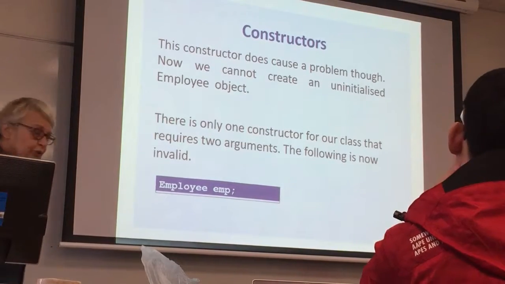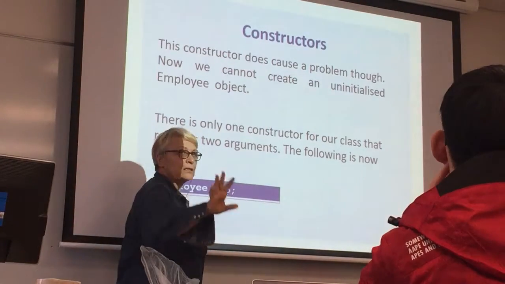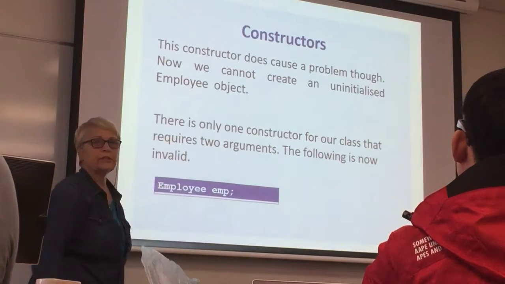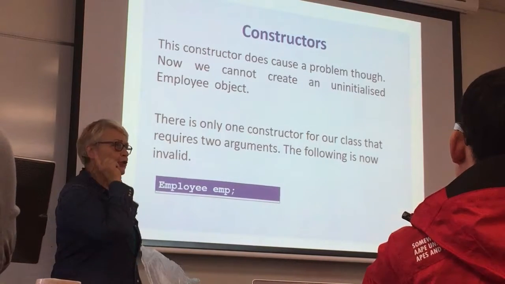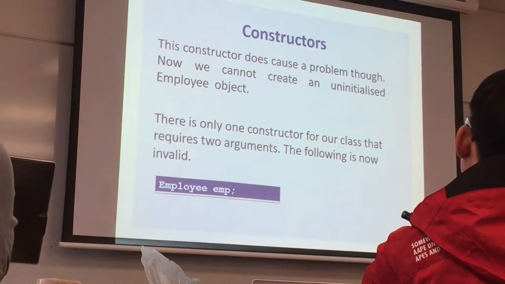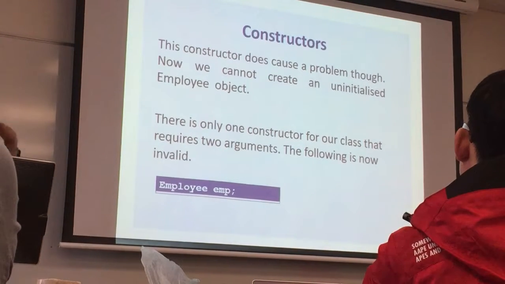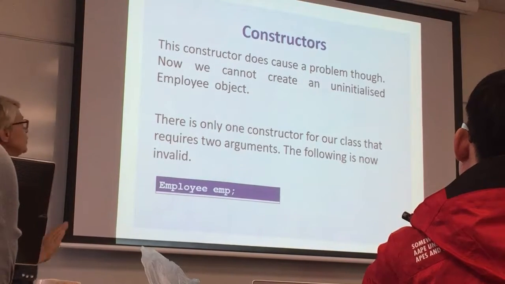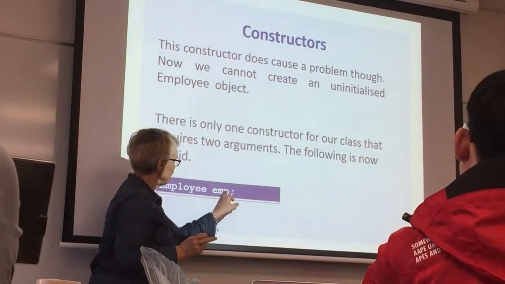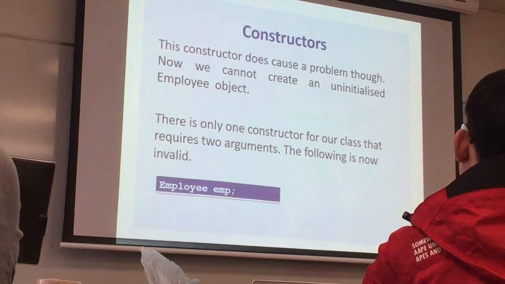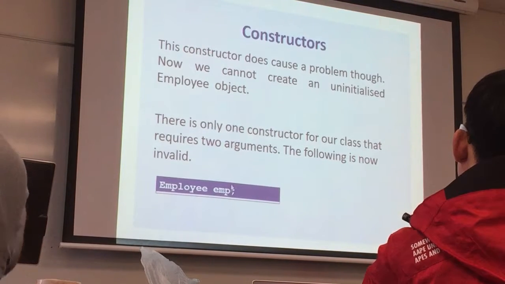If we put no constructor, the system provides a constructor for you. Things like this work. As soon as you have a constructor in your class, the system says you are clever enough, you know how to write constructors, from now on you have to provide everything. So be aware, as soon as you provide a constructor, the default constructor is not there any longer. What is a default constructor? A constructor which can be called with no arguments.